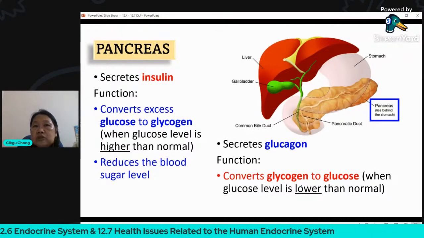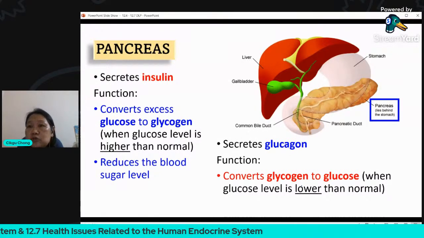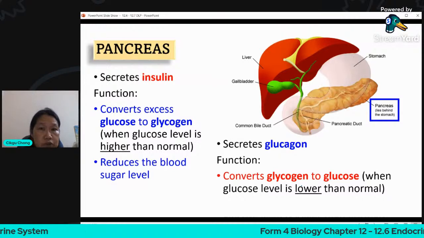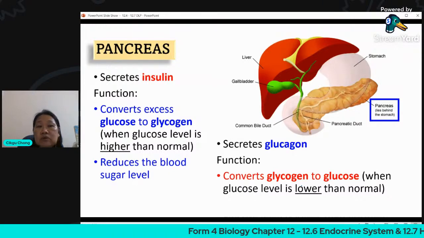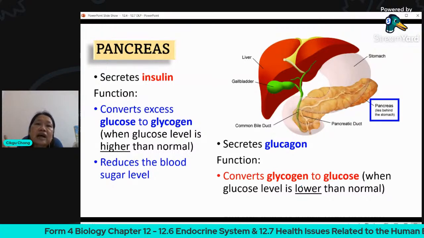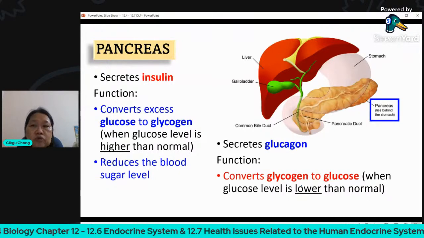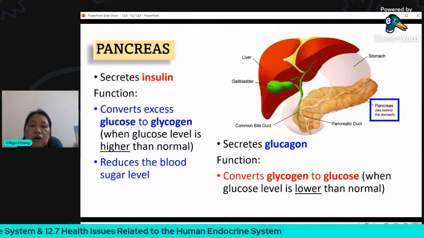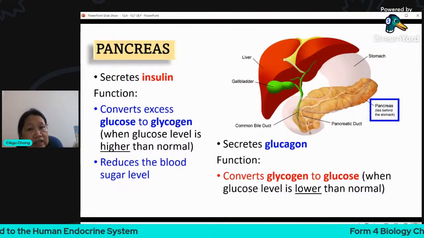So at that time, how are your cells going to get the fuel to run your body, your activities? So they are going to make use of the glycogen, right? Glycogen will be broken down to get glucose, so your body can still function until the time you berbuka puasa when you get your next meal. Okay, so this is why you need your storage of glycogen. And it is only when you do not eat, right?